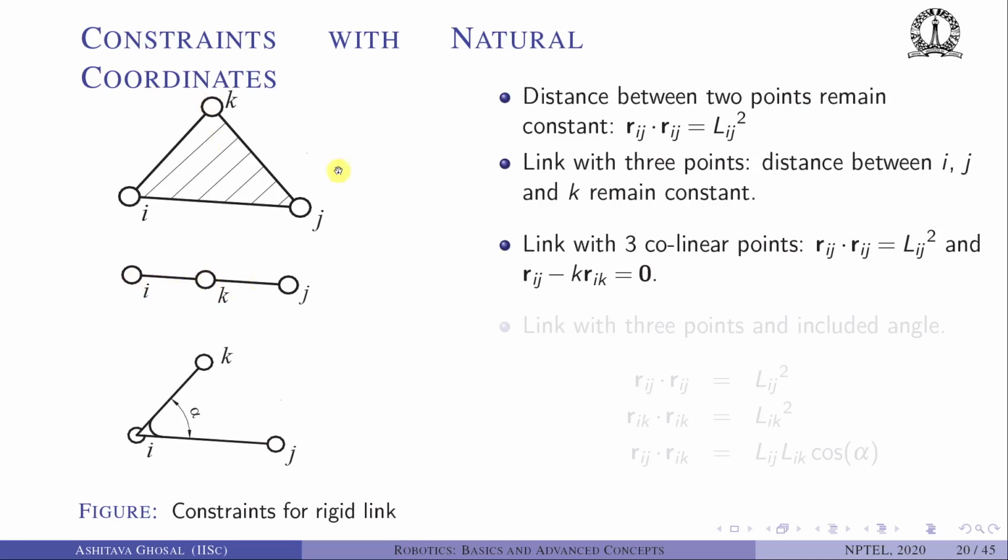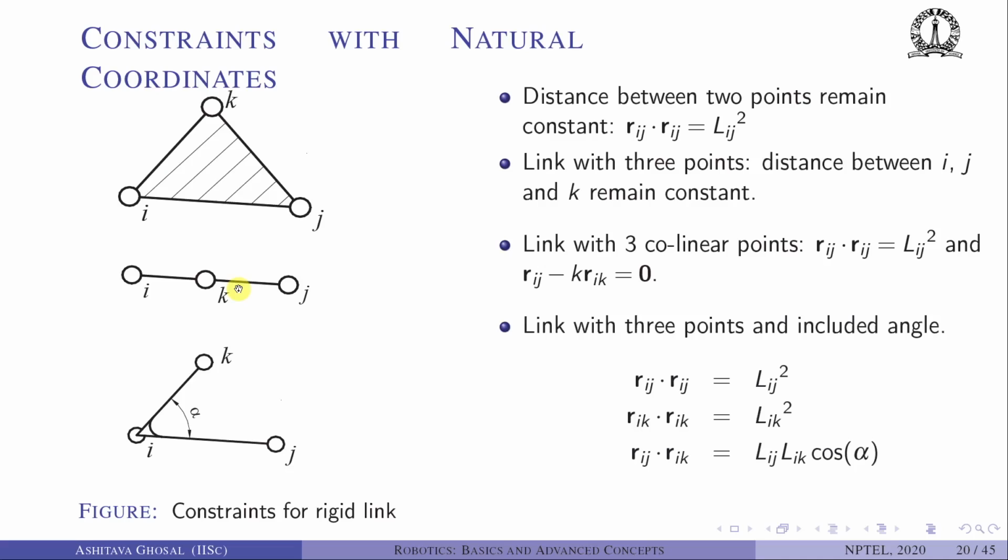In this example, there are 3 such constraints. The link lengths between 3 points will be constant. In this example, these 3 points are in a line. It's a special case of this. So then there is one length constraint and one which says that this vector from i to j is equal to k times this vector from i to k. So it's a fraction of that entire vector.